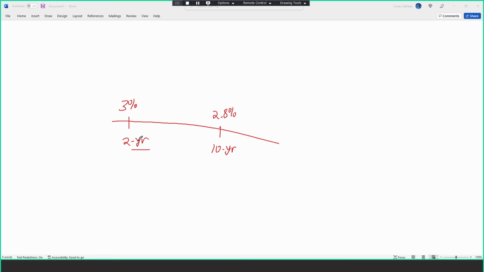One is you get your money back sooner, right? Here I've got to leave my money in there for 10 years. Now you could always sell the bond and so on, but the point being, there is the ability to get my money back in this one a little quicker, where here it might be tied up for more time, and I'm locking in at this rate versus that one.